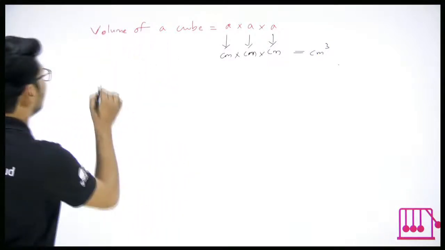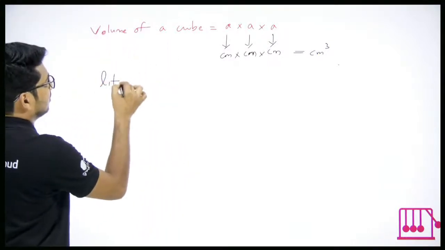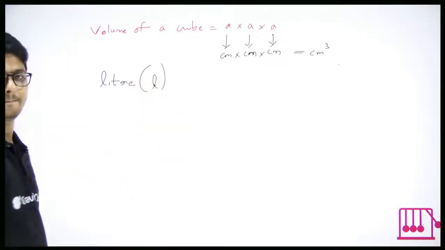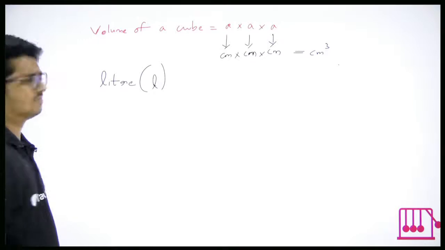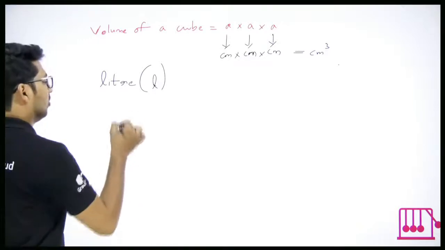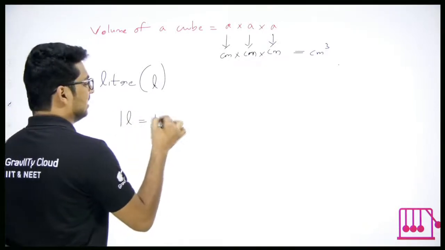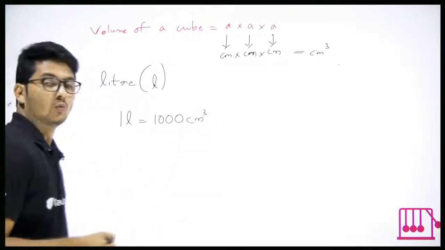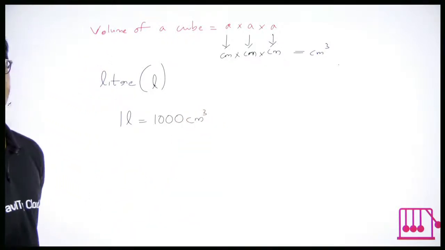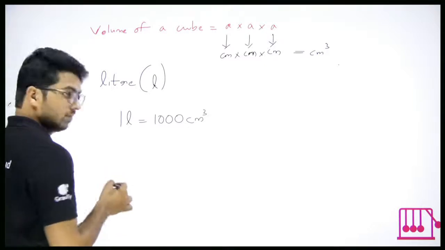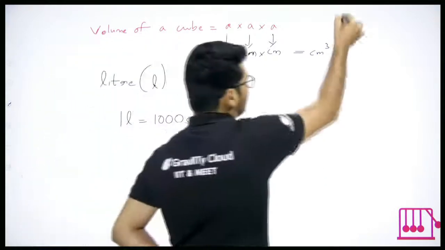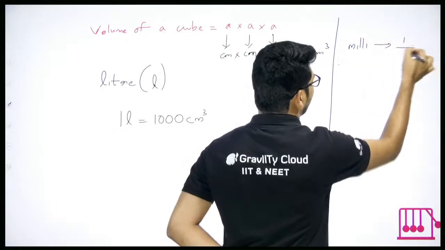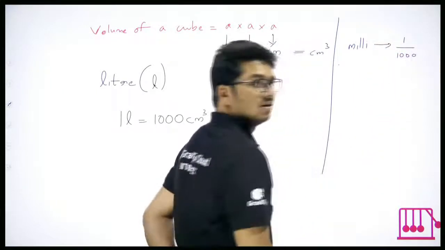Okay, then comes liter. The symbol for liter is nothing but L, small l. Now, you need not know how it came and all. All that you have to understand is 1 liter is 1000 centimeter cube. And again, just remember this, whenever you come across milli, milli is 1 by 1000. It's like kilo.